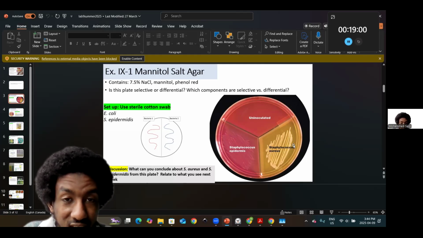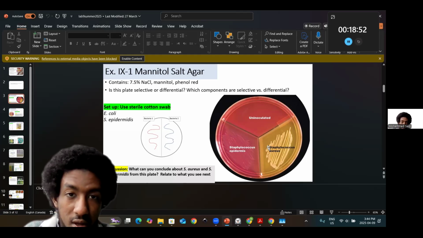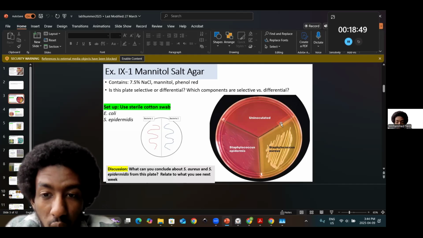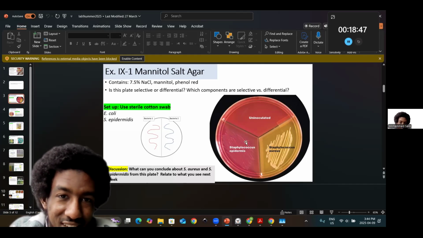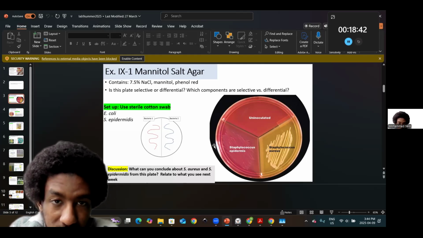Once again, it's highlighting the different species' fermentation pathways or abilities to ferment certain metabolites or sugars, right? And so you could see and predict then that S. aureus is able to ferment mannitol, whereas S. epidermidis is not able to ferment mannitol, right?